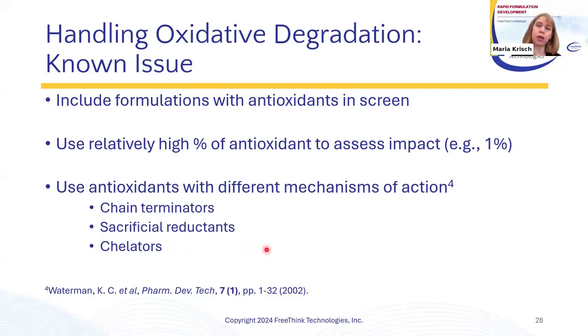And so these will address different types of oxidation, and some of them may work and some of them may not. If you'd like some more detail on thinking about oxidative mechanisms and the mechanisms of antioxidants, Ken Waterman has a really nice review paper that I've listed here that talks about oxidation in general and approaches to minimizing oxidation.